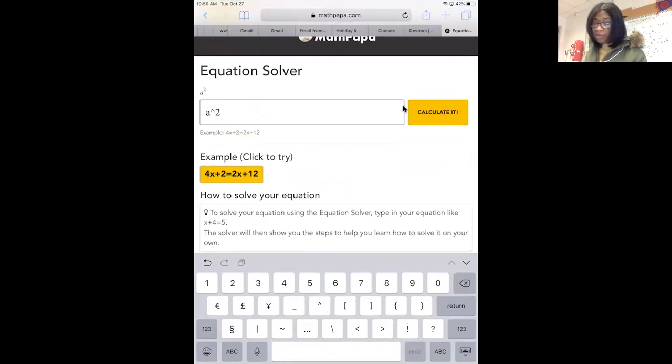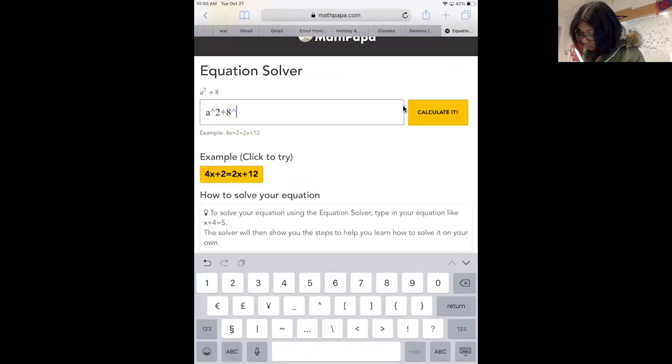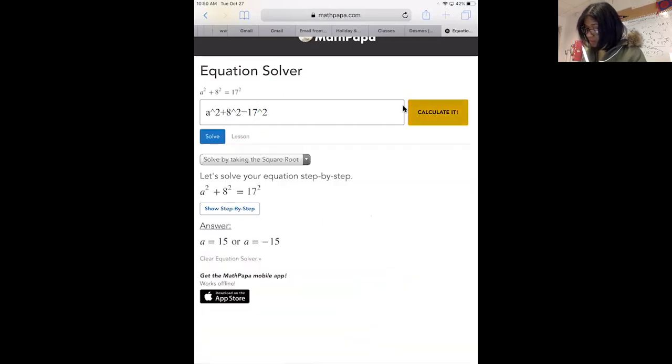You see it looks weird when you're typing it, but if you look on top of your box, it's gonna show it properly. Make sure it looks like what's on your paper. Plus, I forgot it, 8 squared. 8, get your little arrow, squared, equals 17. Get your little arrow, squared, calculate it, and we get a equals 15 or negative 15.